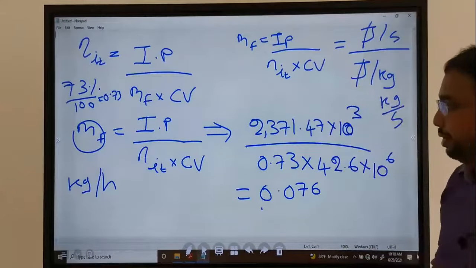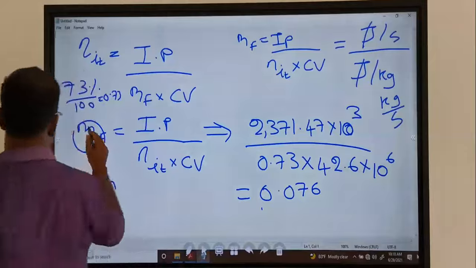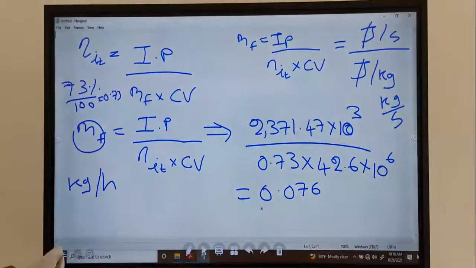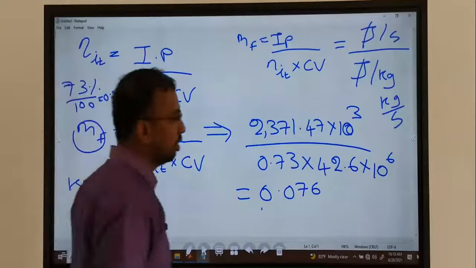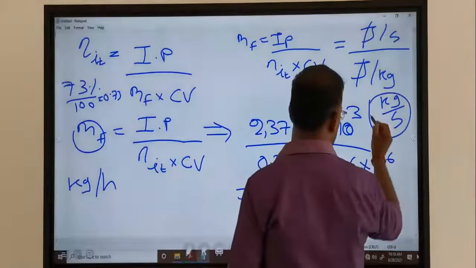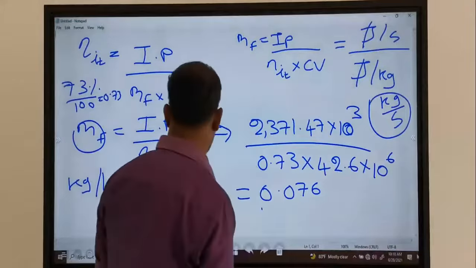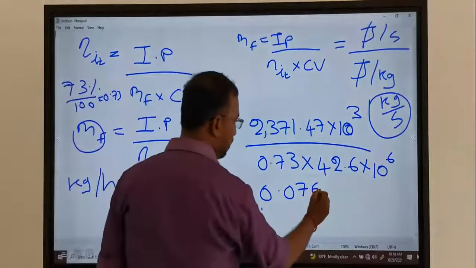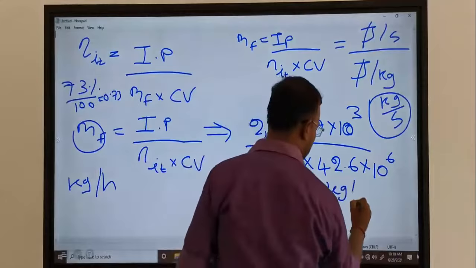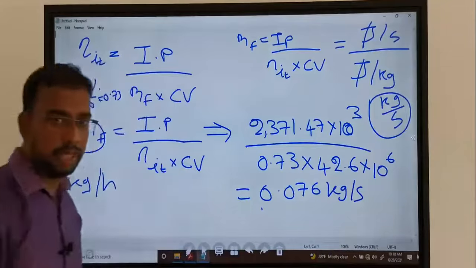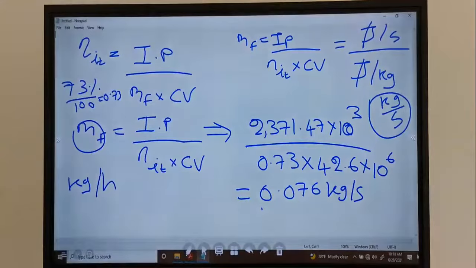So in this equation we get the mass of fuel consumed in the unit of kilogram per second. Very carefully, the answer is kilogram per second.